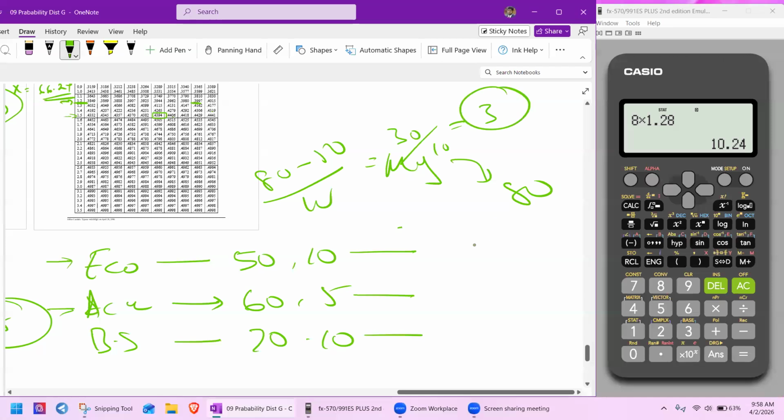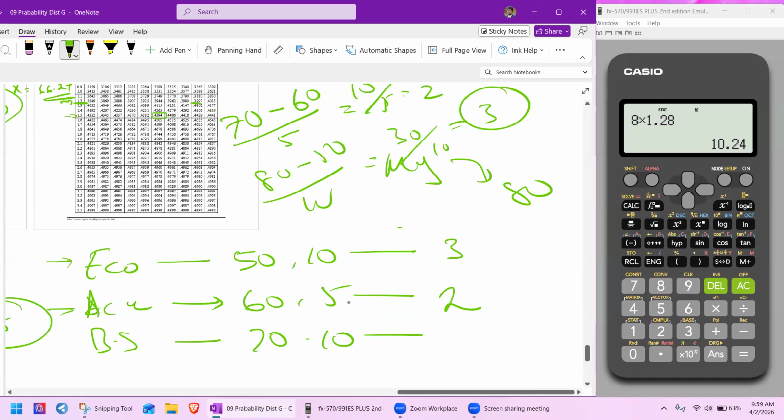His Z is 3. And in accounting, his marks may be 70. 70 minus average 60, standard deviation 5, here 10 over 5. So his Z is 2.